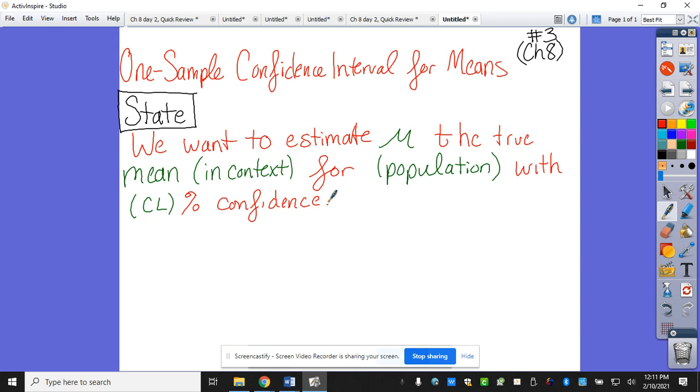Now, some people out of habit choose to just write up top what their population sample is, and that is fine. Why do I not write what my population is separate? Because we do it right here. Why do I not define what my parameter is? Because I do it right here. And then with these, just like from Monday, theoretically, our sample isn't different in context than the population.